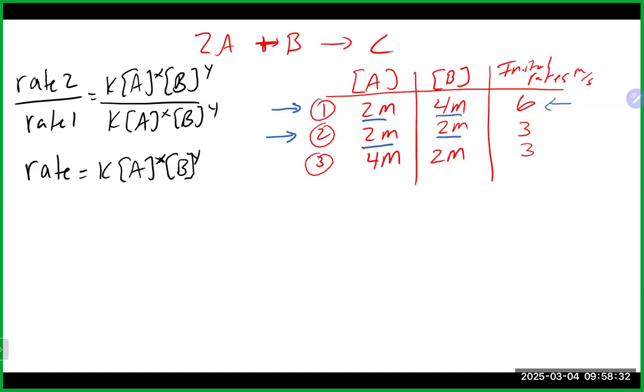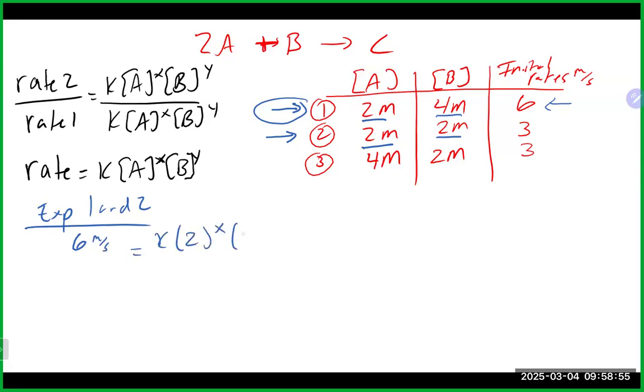So what I'm going to do is look at experiments 1 and 2 in this made up example. We'll see how I did. I'm going to put everything from experiment 1 up on top because, again, it has the larger rate. So that's going to give me 6 molar per second is equal to k times my 2 to the x and my 4 to the y.